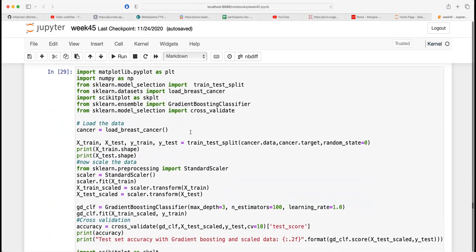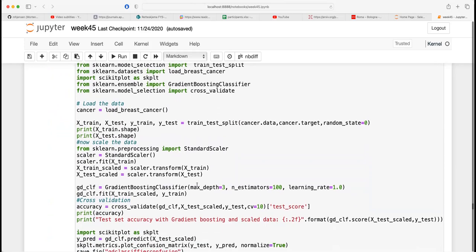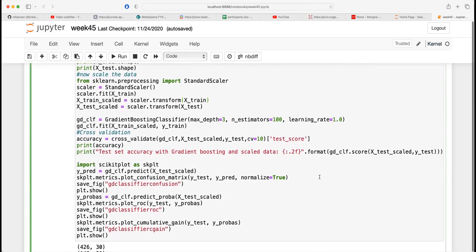In this specific case, what we're going to use now is the gradient boosting classifier. We are going to have a classifier of depth 3, and we are going to perform 100 estimations, so the loop M goes up to 100. And in this case, I put the learning rate to 1.